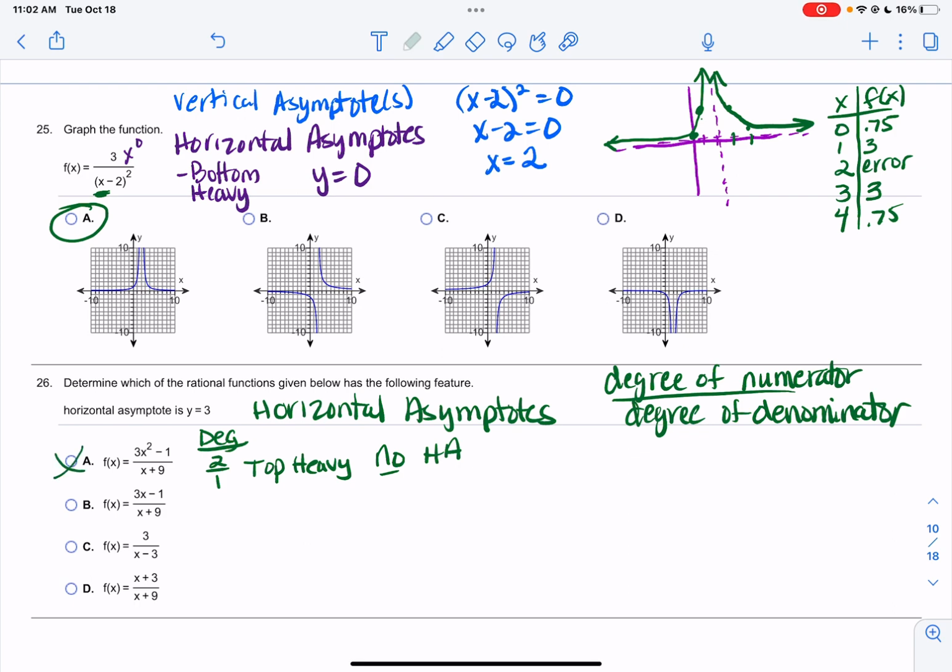For choice B, the degree of the numerator is 1 and the degree of the denominator is 1. And what we're looking at is the highest exponent. So this is a balanced function, and it does have a horizontal asymptote. The horizontal asymptote depends on the coefficients.